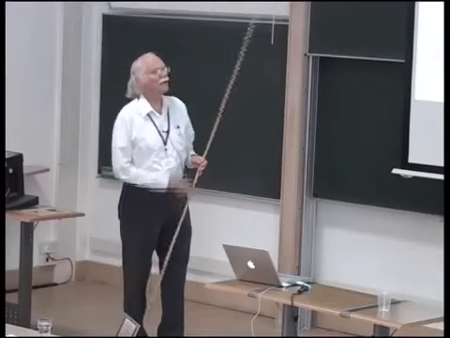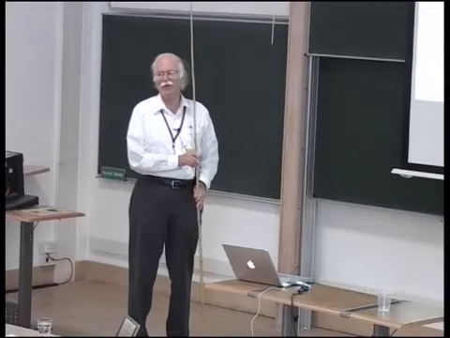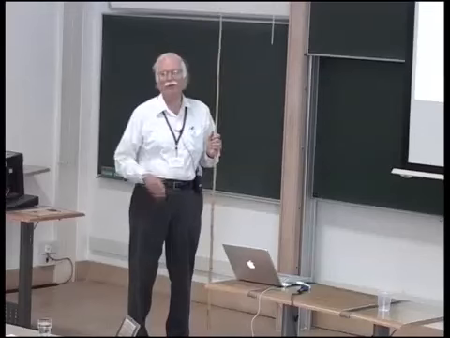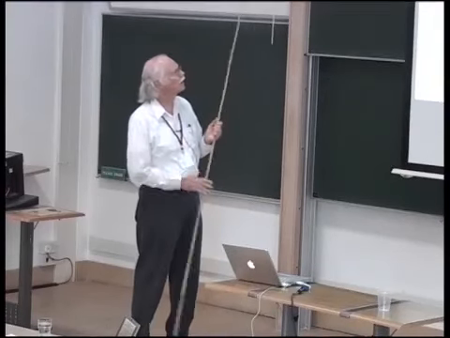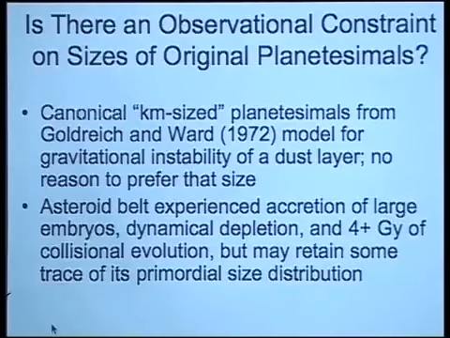So is there any evidence that we actually have that could tell us something about what planetesimals were like, or has it all been erased? And Morby and the gang at Swery have argued that the asteroid belt may preserve some information about the original size distribution.